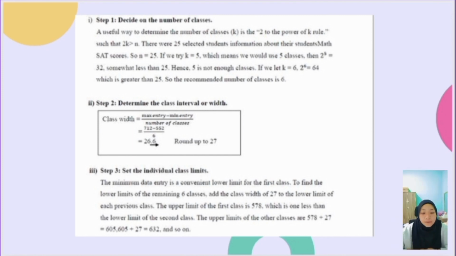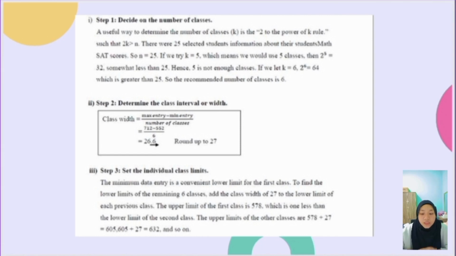So the first step is to decide on the number of classes K. The rule is 2 to the power of K should be more than N. There were 25 randomly selected students with information about their math SET score.